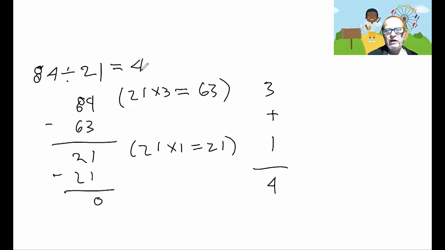Now, of course, I don't have to use 3. I can use something else. Let's say I erase this, and I can use 2. And that means that I would get here, instead of 63, I'll get 42.